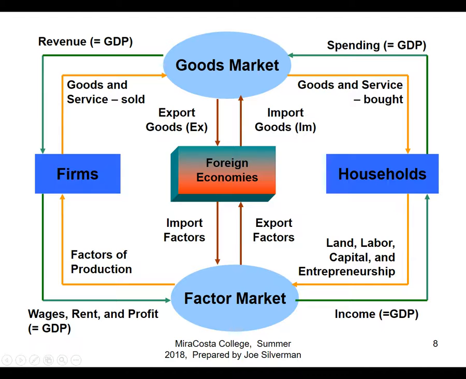If we were to, let's say, export oil to another country, that would be a factor export on our part. Or if an airline in another country bought a Boeing plane, then that would be something where we export a finished product. Or if, on the other hand, let's say you buy a Volvo or something like that, then that would be an import. That would be coming from a foreign country into the United States. So this is adding a little bit more complexity when we bring in foreign economies.